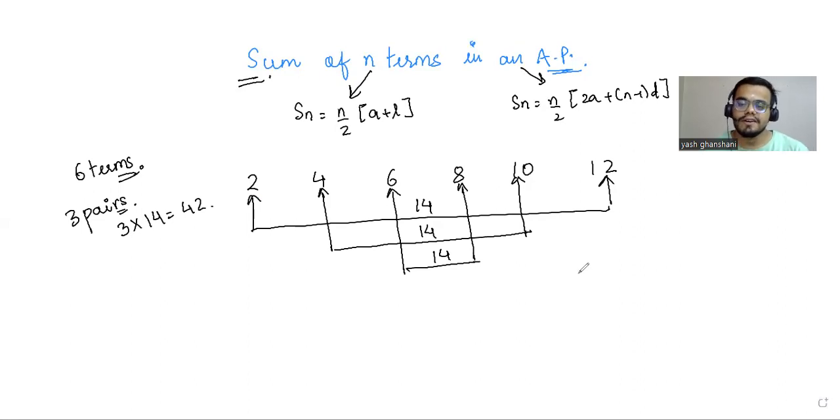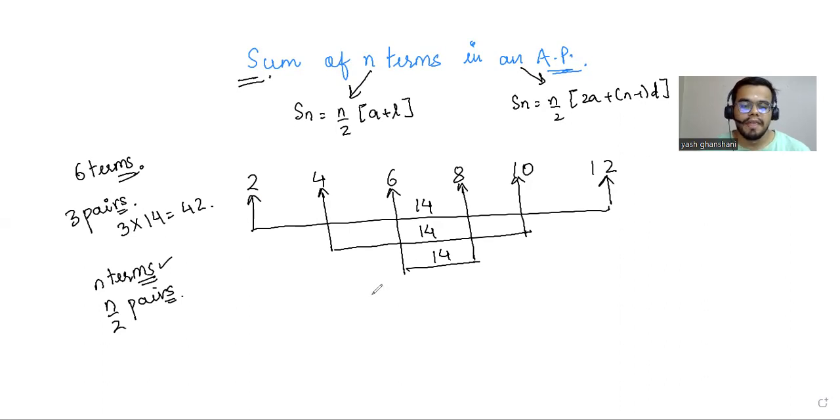Similarly, we can correlate this example with an arithmetic progression having n terms. If we have n terms in an AP, the number of pairs formed would be n by 2, just half the number of terms, right? So we will have n by 2 pairs.